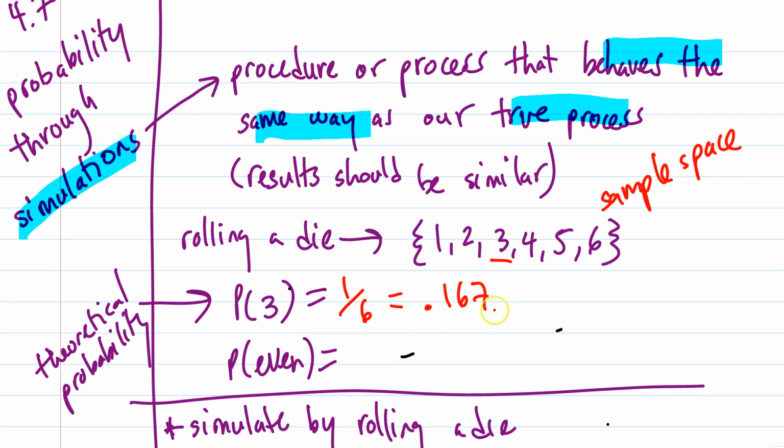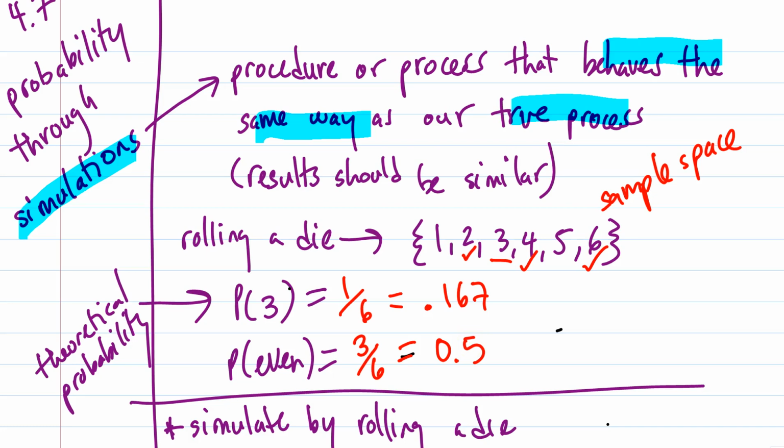So the probability of getting an even number, theoretically, there are, let's see, 1, 2, 3 even numbers. So 3 out of 6, which would be 1/2 or 0.5 or 50%. So this is what we would expect in theory.